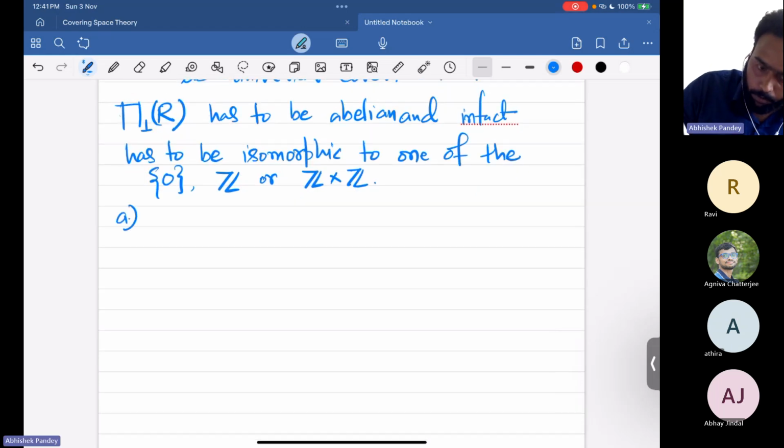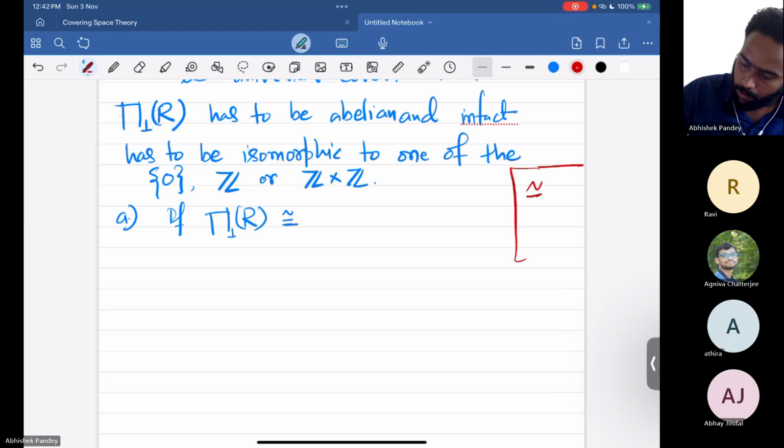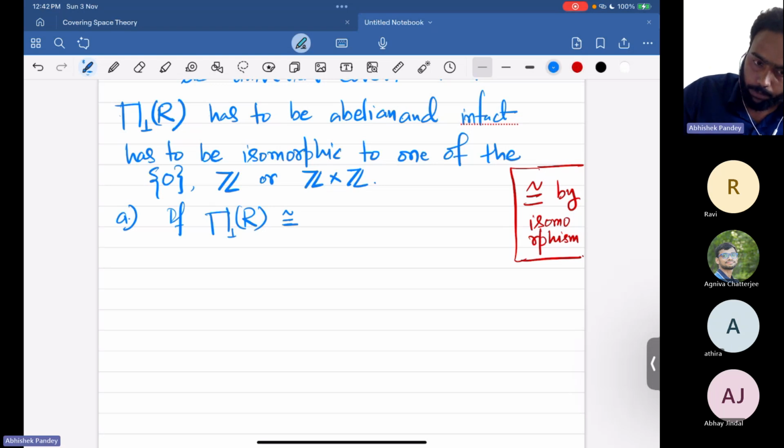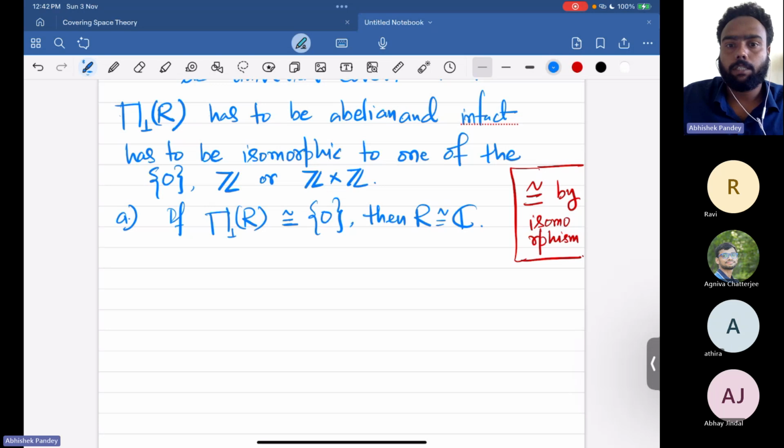So the first case: if the fundamental group of R is isomorphic to the singleton zero, then R is nothing but conformally equivalent to the complex plane C. Okay, that is quite clear.